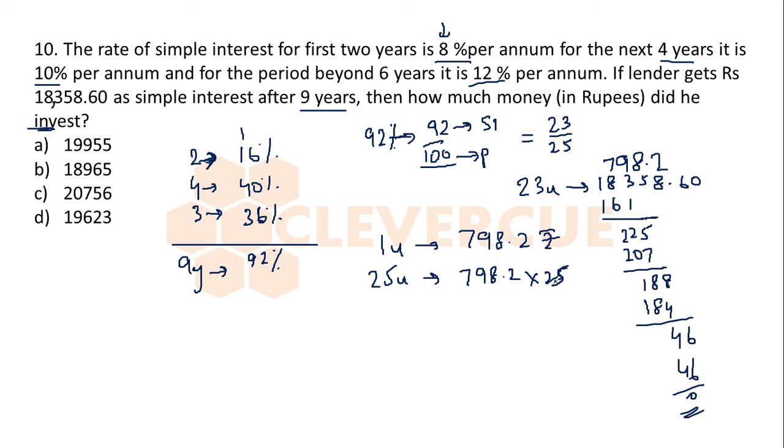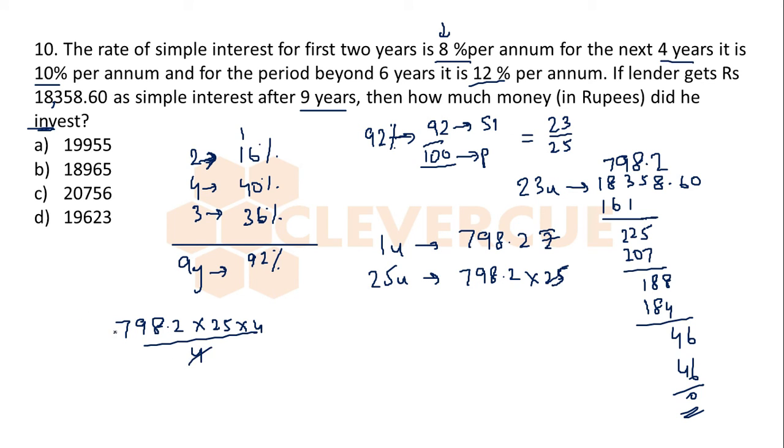Now how are you going to multiply with this 25 quickly? I am going to say 798.2 into 25, right? Now here you have one decimal point, and here you have 25. Now multiply and divide with 4. Now instead of multiplying this 798.2 with 25, it is easier to divide this with 4.